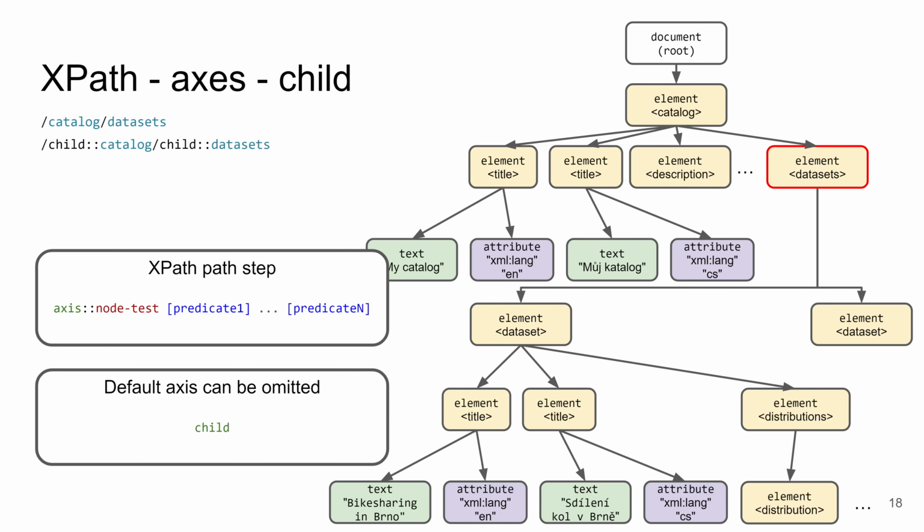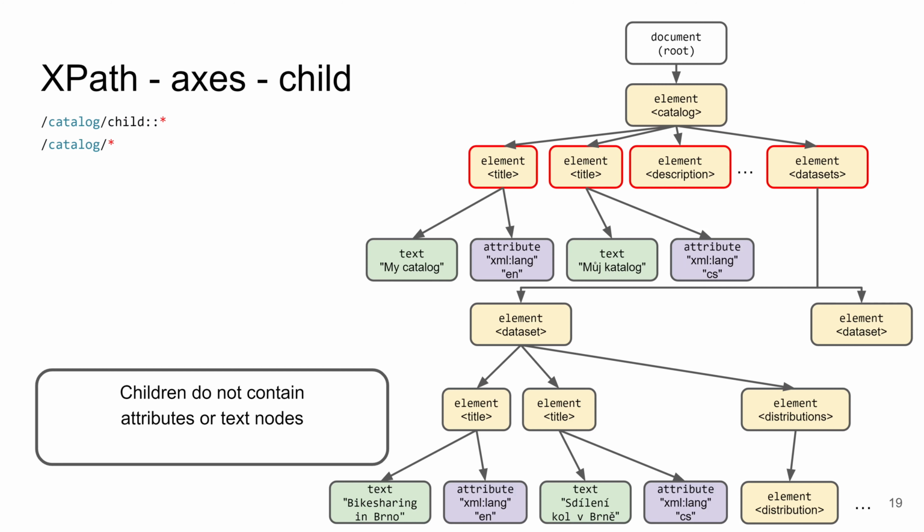So formally, the XPath path step is formed of the axis specification, then the node test specification, and then optionally a set of predicates, which are the filters in the brackets. If you are using the child axis, that one can be omitted. That's the default one.